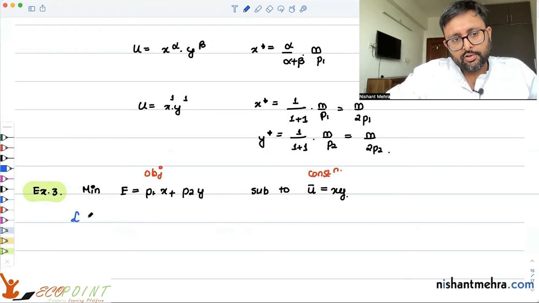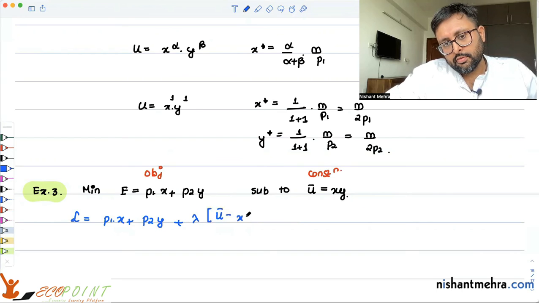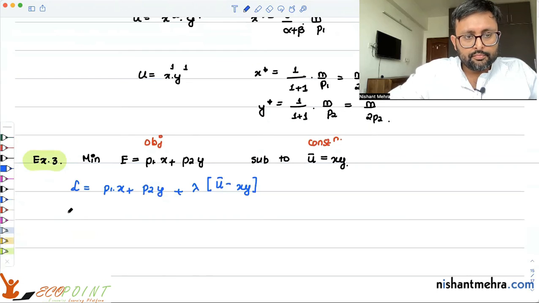So I'll set up the Lagrange, which is P1x plus P2y plus lambda into U bar minus xy. How many partial derivatives will you find out? One for x, one for y, one for lambda.